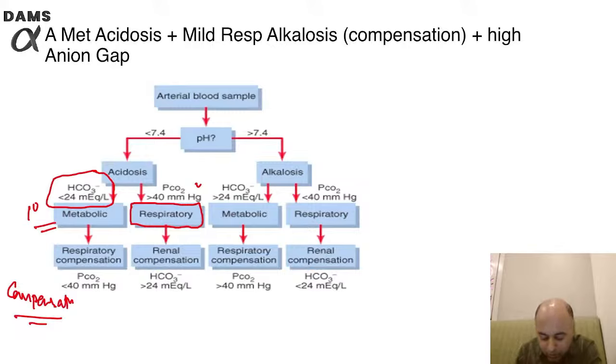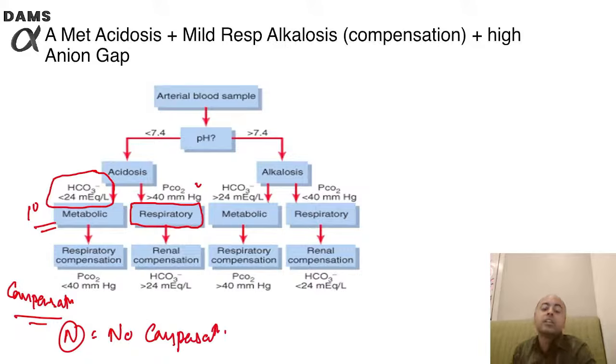If it is normal, then there is no compensation, which happens in the acute cases. However, if the value comes out to be less than 40 millimeter of Hg, the body is trying to compensate. So this is called compensation.